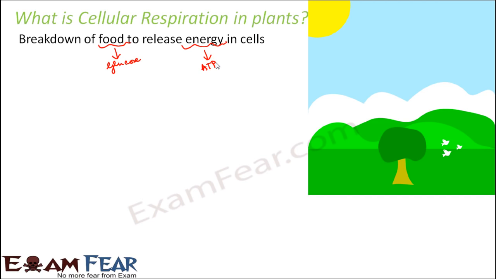Now the question is how this breakdown of food takes place. When I say breakdown of food, what actually happens is the food molecules are oxidized. So it is oxidation of glucose, because the food molecule is nothing but glucose.